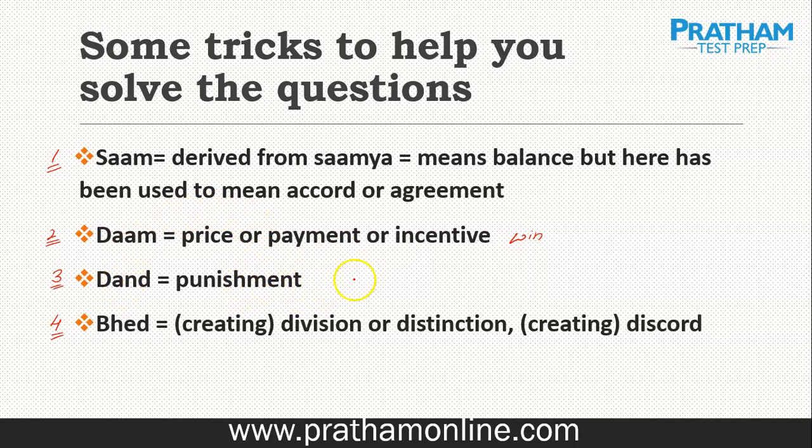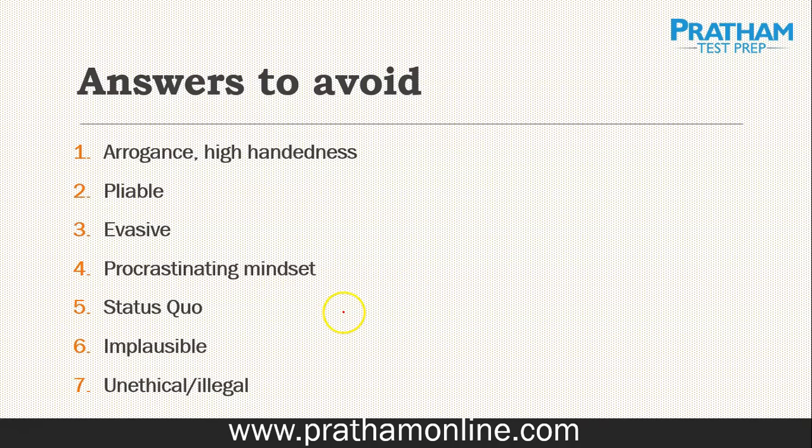Let's understand all of these with respect to a question. But before that, let me help you out that there are certain answers which you are not supposed to take. You should avoid taking those as answers. The first variety says any answer choice that talks about arrogance, high-handedness.